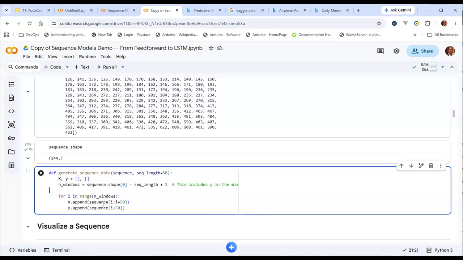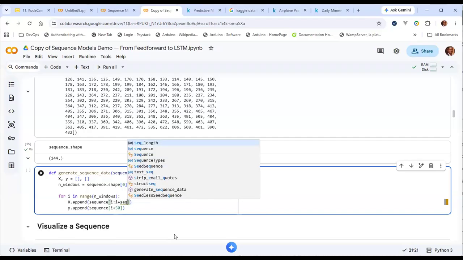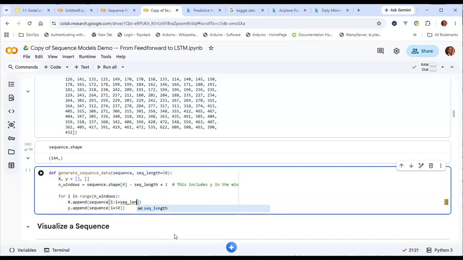So the x append will be sequence[i : i + sequence_length minus 1], not i plus 50. It's actually going to be minus 1 because you don't want to include the y there.